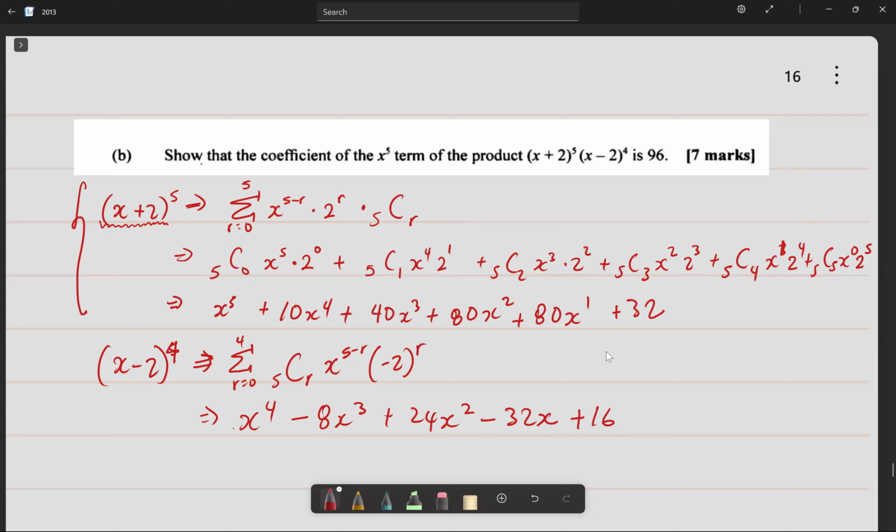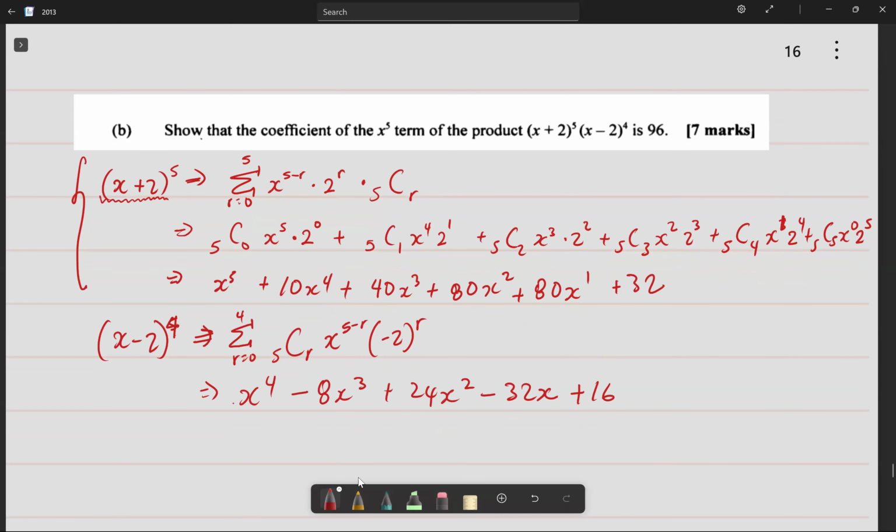So let me see if I can find a way to explain it. We're multiplying these two things together, but we're only looking for the x to the 5th terms. So what we're going to do now is look for anything that could multiply together to give x to the 5th and use those only.